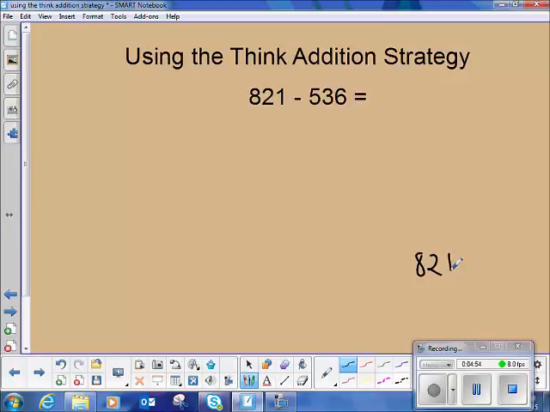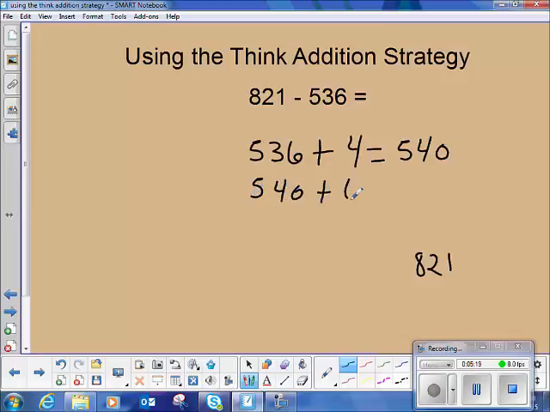So I'm at 536, and I'm going to record a number sentence where I add 536 plus 4. That's going to get me to a 10. So again, we're using our make 10 strategy along with the think addition strategy. So now I'm at 540. 540 plus 60.